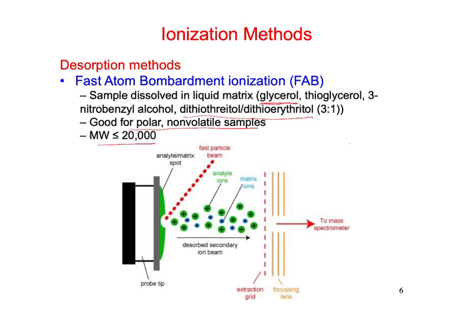So what essentially happens in this experiment is that we have our sample dissolved in the matrix. It's placed on the tip of this probe, and it's shot with what's called a fast particle beam, which is a neutral atom beam.